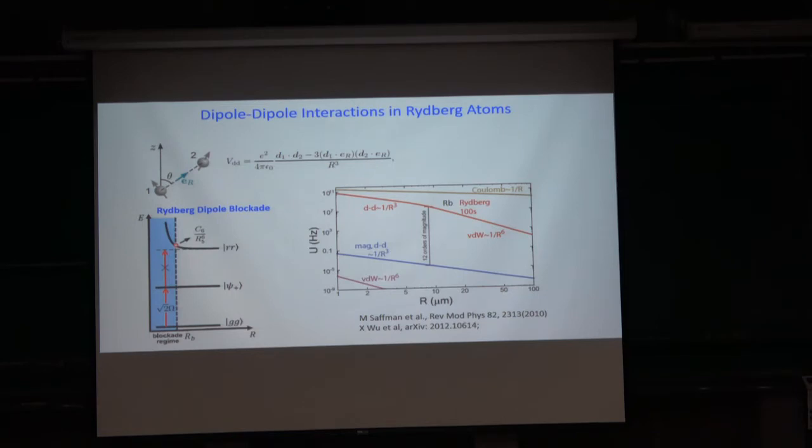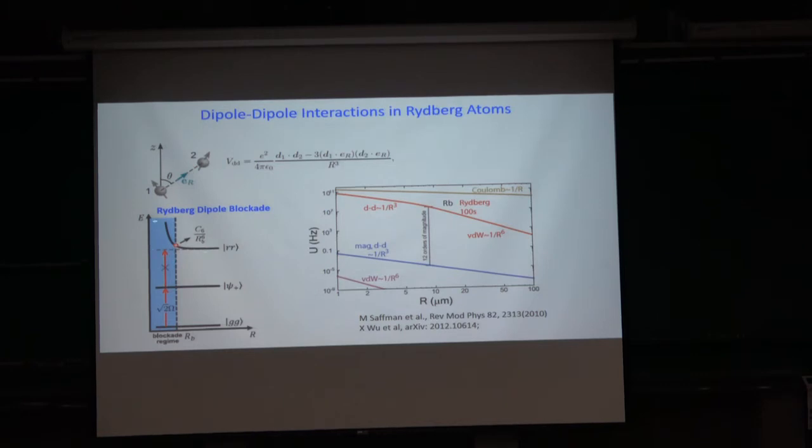If the interaction strength is large enough, there is an important phenomenon we will mention many times later on, the so-called Rydberg blockade. If you have two atoms, and you excite one atom to the Rydberg state, and if another one is also excited, due to the dipole-dipole interaction it will cause an energy shift, such that the second excitation can be forbidden.